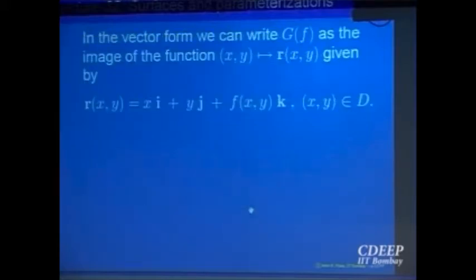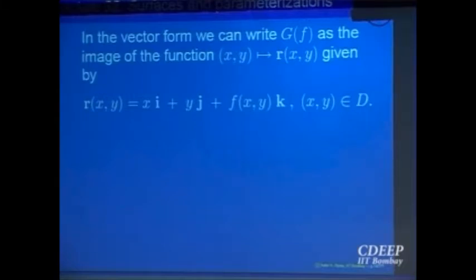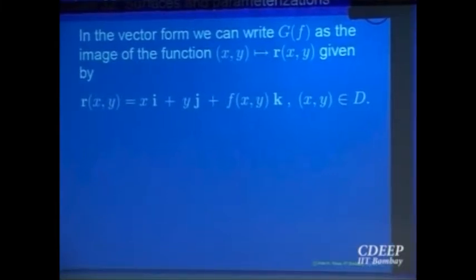Now this graph of a function of two variables, after all, a point in our surface is a point in R3. So we should be able to say what is the x component, the y component, and the z component of that. If you are looking at the graph of a function, what is the x component? x.